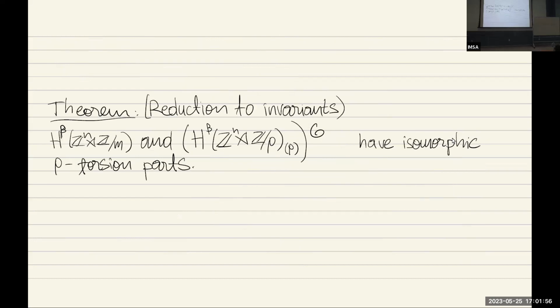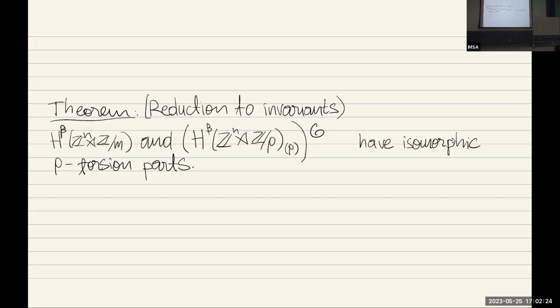Then we have this theorem, reduction to invariants: the group cohomology with integer coefficients, and the G fixed points of the group cohomology with Z_p with the action, or the group cohomology of this semidirect product, have isomorphic p torsion parts.